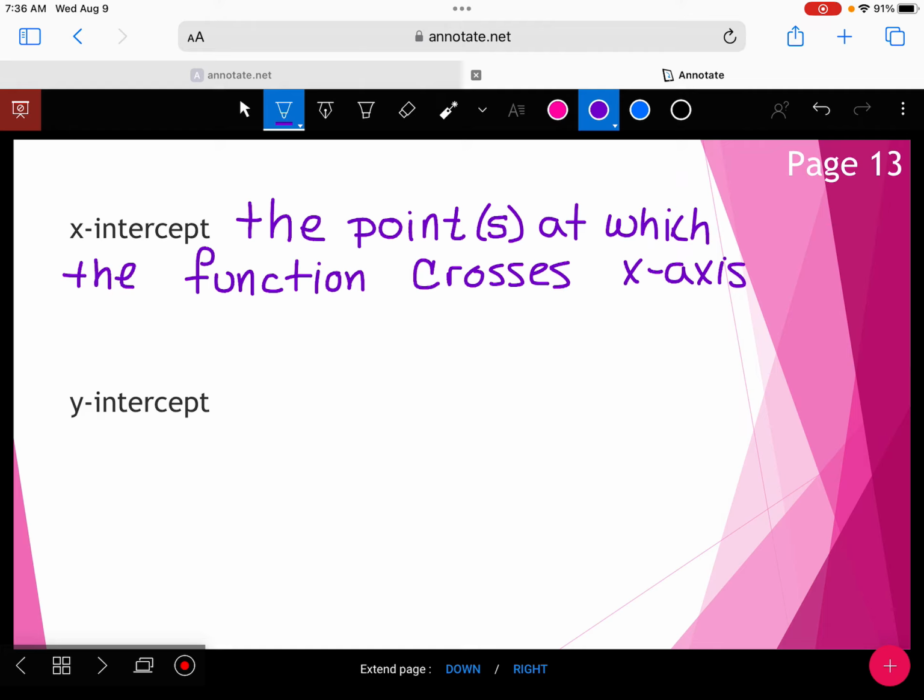So the x-intercept is where it crosses the x-axis.